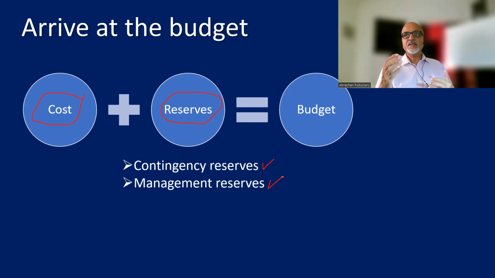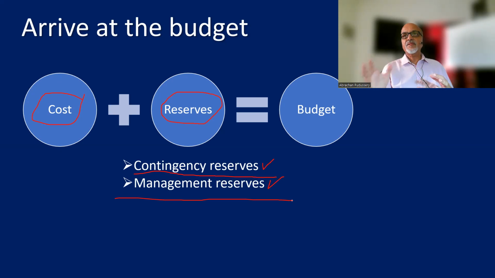And it is at the discretion of the project managers. Project managers can decide when to use the contingency reserve. Then we have management reserve. Now let us say a scope change or a scope addition happens. Then management can release funds from the management reserve.